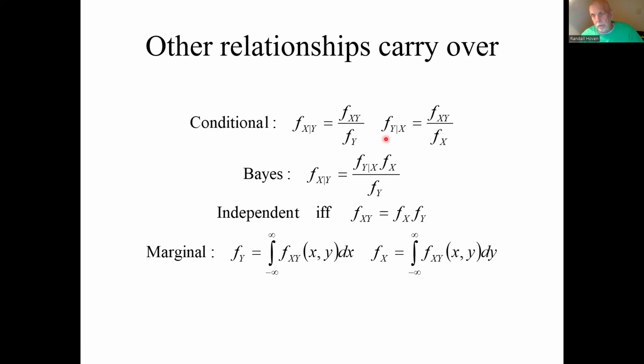Things carry over like they did for discrete probability distributions, conditional probabilities. Same relationships carry over, just like they did when we were talking about sets and events, subsets. And same with Bayes' rule, it holds for PDFs, probability density functions. You're going to hear me say PDF a lot.